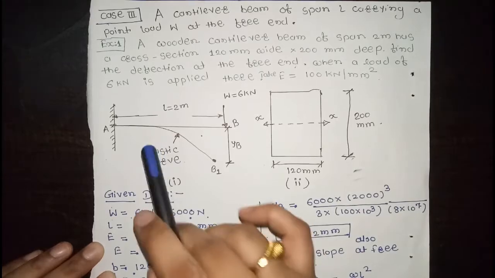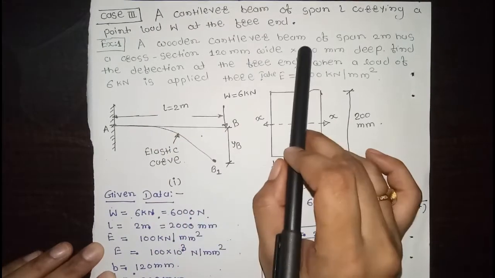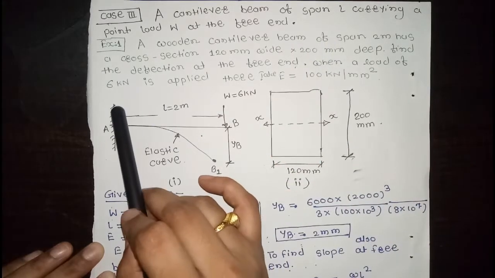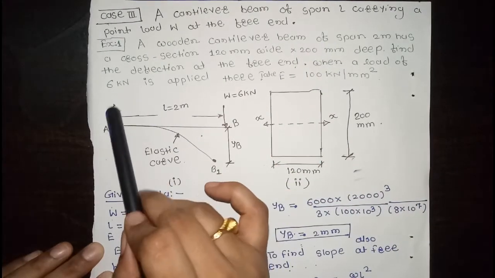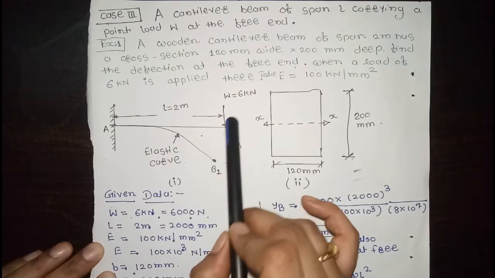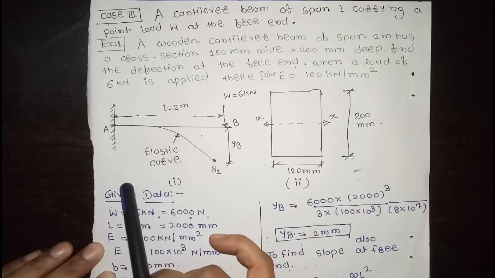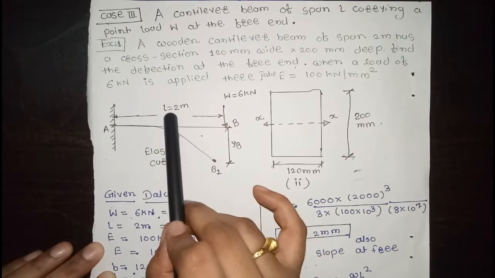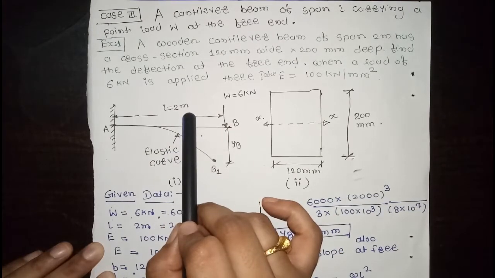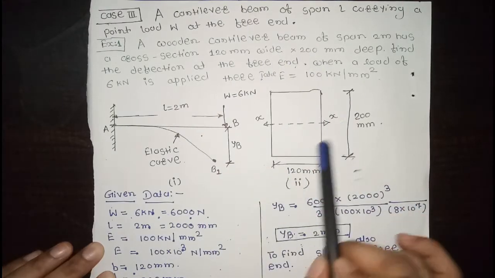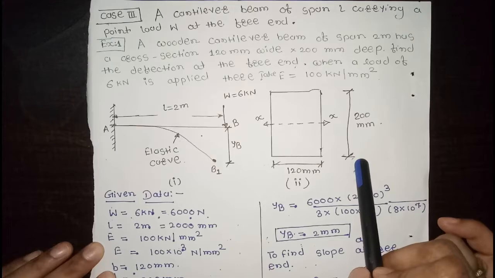Okay, in given question, cantilever beam is given, cantilever beam with point load. So what is meant by cantilever beam? First end fixed and other end free, having a span of 2 meter and cross section of 120 mm wide and 200 mm deep.